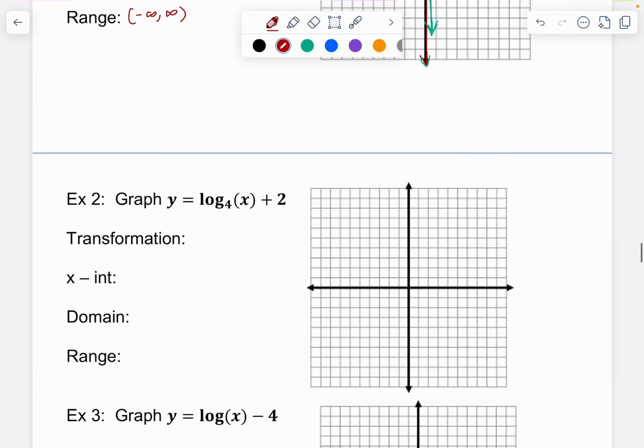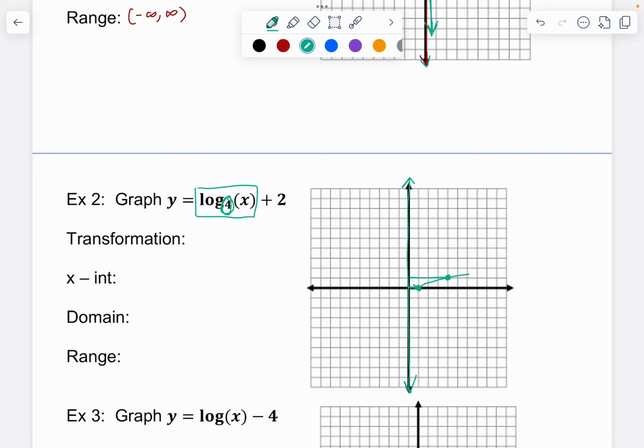All right, so for this next one, we're working with log base 4 plus 2. And so let's just start with looking at the parent function, log base 4. And so he has a vertical asymptote at x equals 0, an x-intercept that's 1 away, and then his next significant point is going to be 4 away because we're working with base 4.